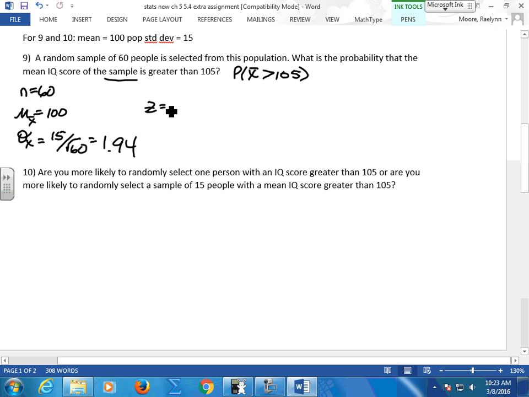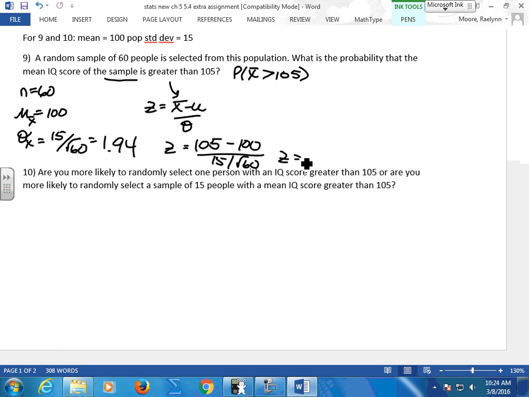Now, probability that it's greater than 105. So, here's your z-score. We're doing a test of your sample means. So, what's your z? 2.58. Thank you. Now, you're looking up your area to the right. So, should it be a large amount, your final answer?